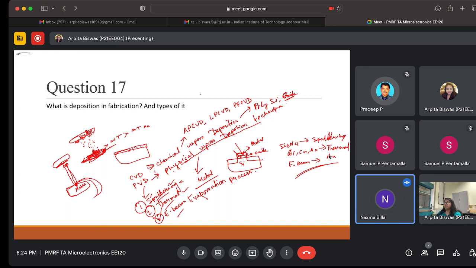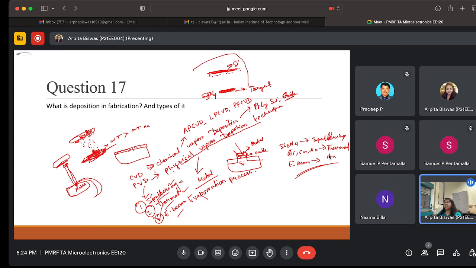Okay, here is your wafer, and there is your target. This target is silicon nitride, Si3N4. This is my silicon wafer, and we want to deposit the silicon nitride here.